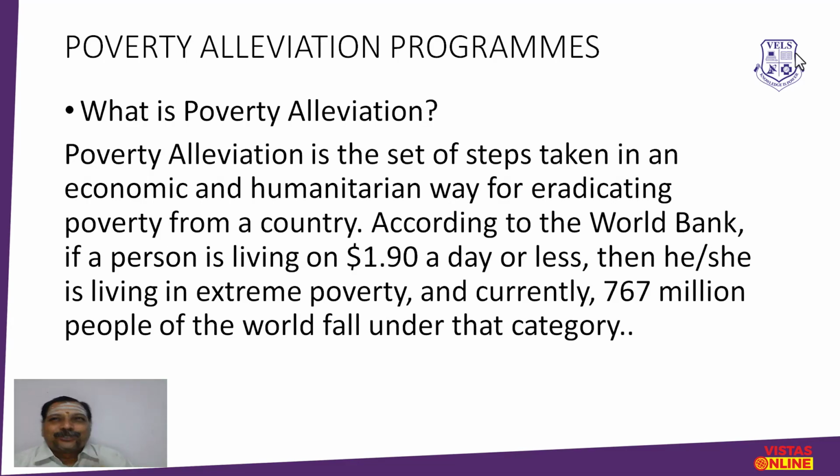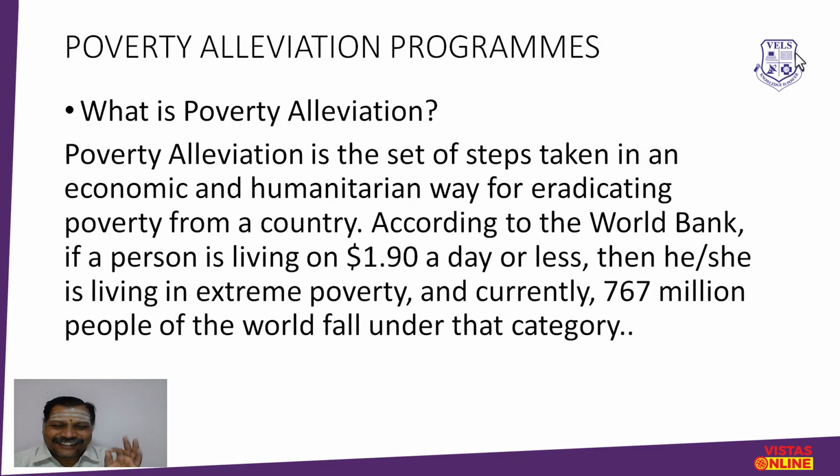Before that, we should know what poverty alleviation is. Poverty alleviation is a set of steps taken in an economic and humanitarian way to eradicate poverty in the respective country. But there are many definitions. According to the World Bank, if a person is living on $1.9 a day or less, then he or she is living in extreme poverty.